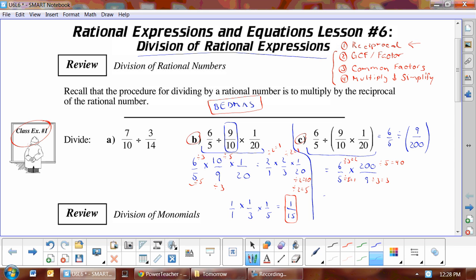Okay, so then easy peasy lemon squeezy, 2 over 1 times 40 over 3, giving us 80 over 3.